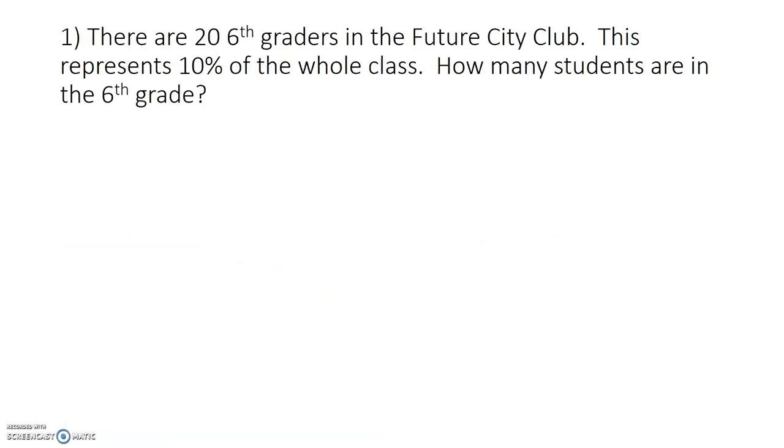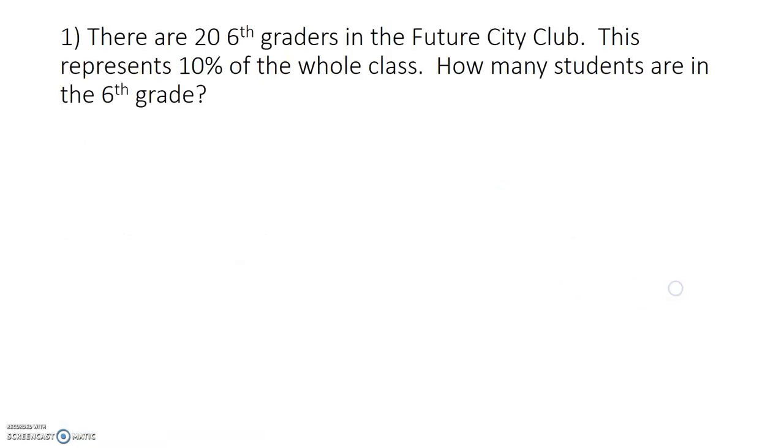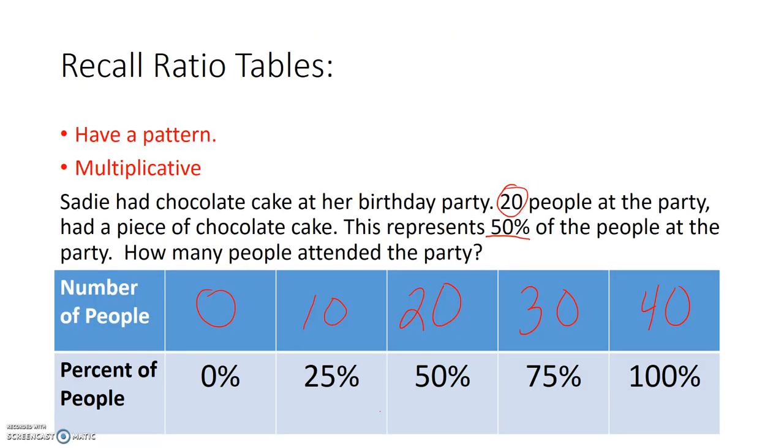So 25% of the people is 10 people at the party. Now I see a pattern, 0, 10, 20, 30, 40, and once I've filled in the table, I can now say that 40 people represent 100% of the people at the party, so there were 40 people at the party.